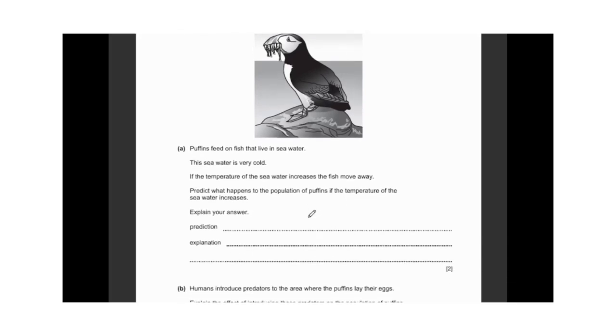So if the temperature increases, as we know, the prediction will be related to its population, right? So this is the keyword. Prediction related to this keyword will be decreasing. So puffin population decreases. Now the explanation here of why it is decreasing.